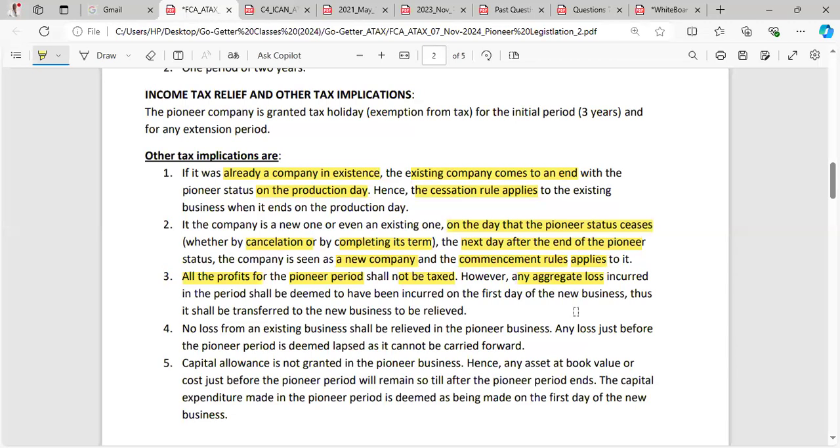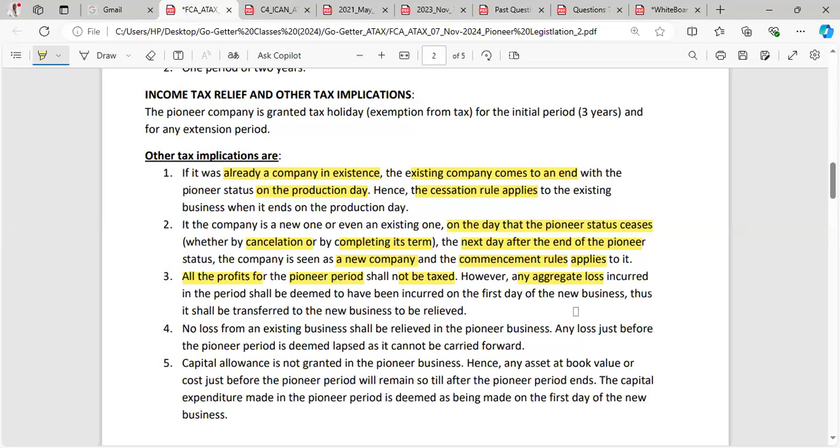Then maybe the third year, you might make a profit. If they add the first year loss with the second year loss and the third year profit, and it results into an aggregate loss, this is also included in what we call aggregate loss. So it's not compulsory that the whole 3 years you must make a loss.